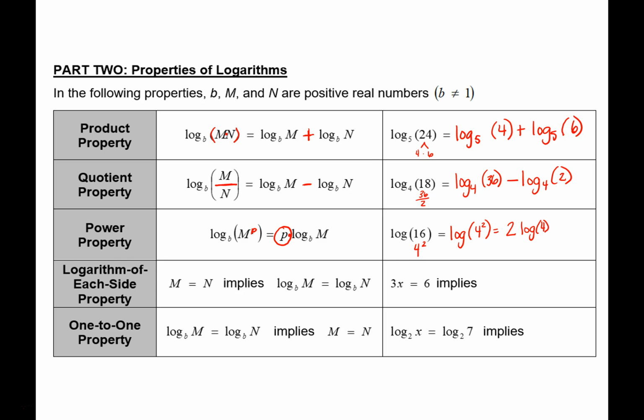The other 2 properties are pretty related to one another. It says that if you know 2 numbers are equal to one another, you can put both of those numbers into a log of the same base, and those statements will also be equal. So if you know 3x is equal to 6, then you know log base, I don't know, whatever you want, 7 of 3x is going to be equal to log also base 7 of 6.